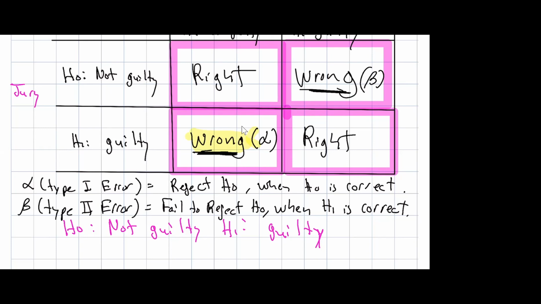So that's what a type 2 error will be in this scenario. It will be setting a guilty person free because they are guilty, but we weren't able to prove that they're guilty. All right, so that's a type 1 and a type 2 error. Any questions in regard to the type 1 and type 2 error in regard to this problem?